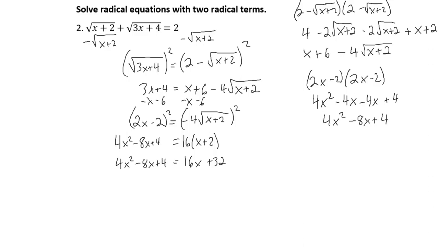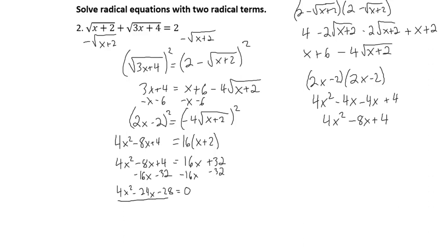And now since we can see that it is a quadratic, we're going to isolate the quadratic on one side so we can zero out the other side. So let's subtract 16x from both sides and subtract 32. And when we simplify that, we get 4x squared minus 24x minus 28 equals 0.